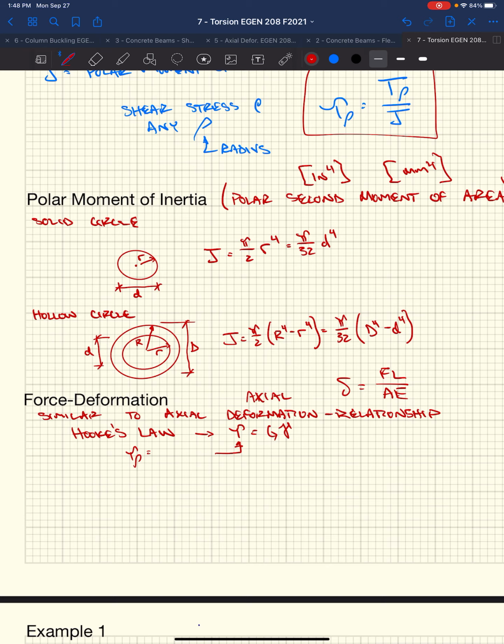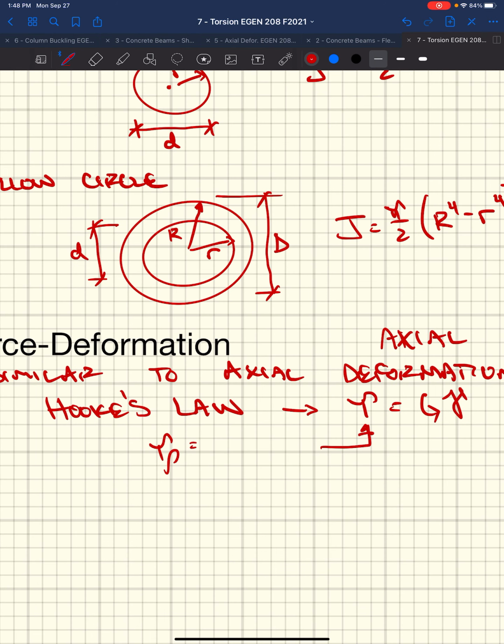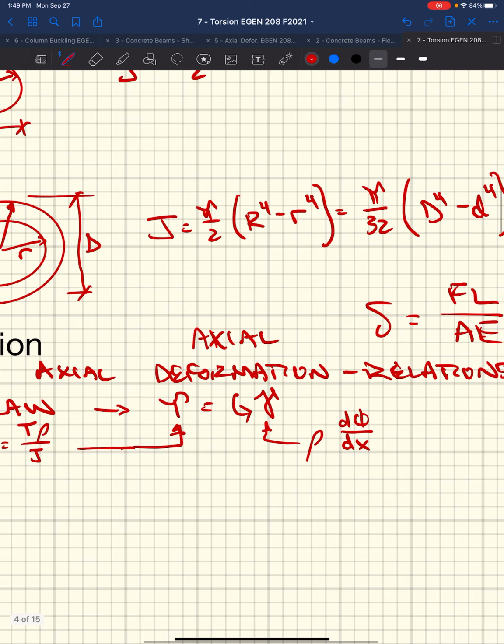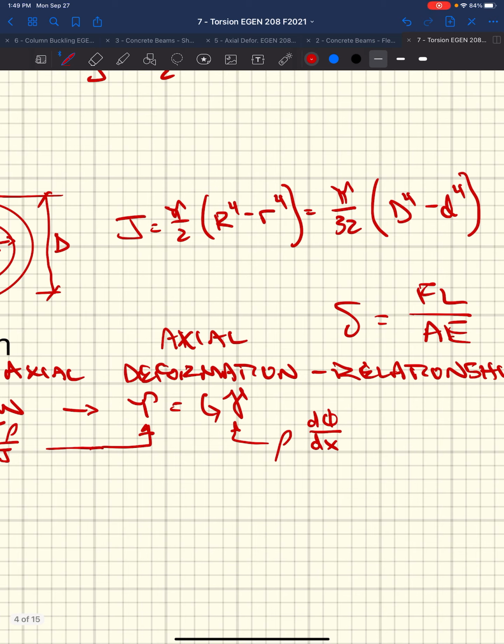The shear stress at a given radius, where we are interested in knowing the shear stress, is the torque times the radius over the polar moment of inertia, right? We also know that our shear strain is our radius times our angle of twist per unit length. That's what this is.